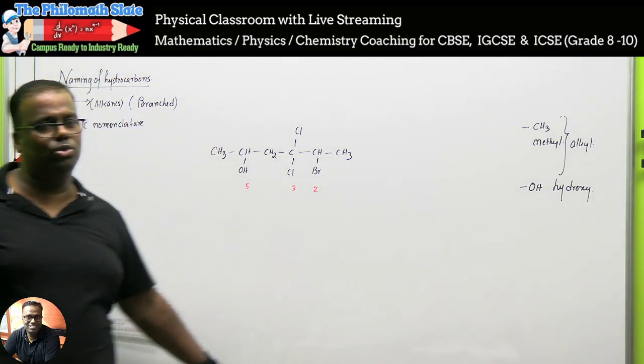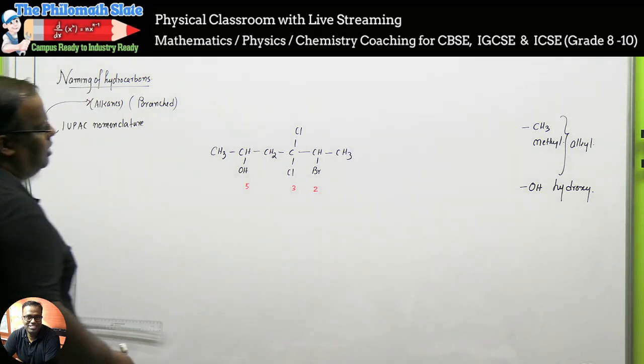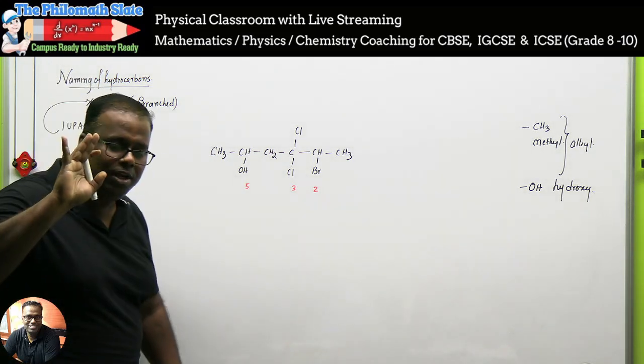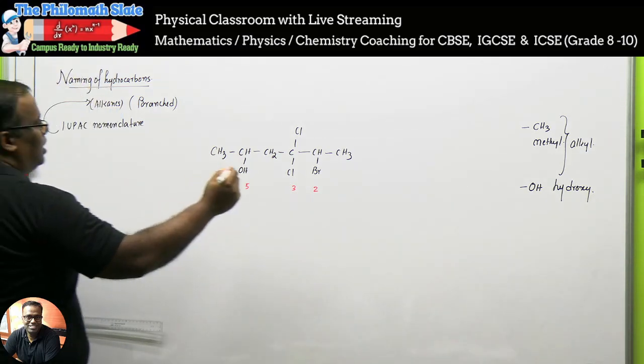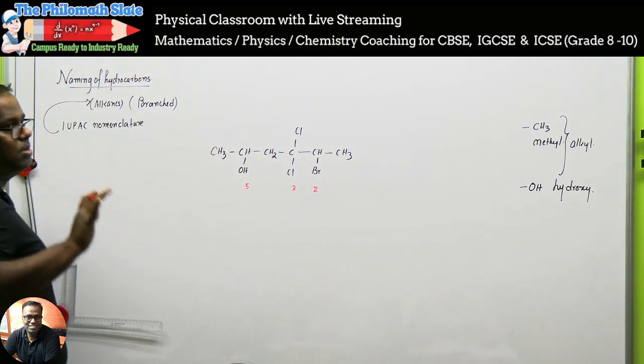चलो इसका नाम लिखो तो क्या होगा? Don't go by 2, 3. First of all, you identify what are there. Bromine, chlorine, and hydroxy. BCH. सबसे पहले कौन आता है?